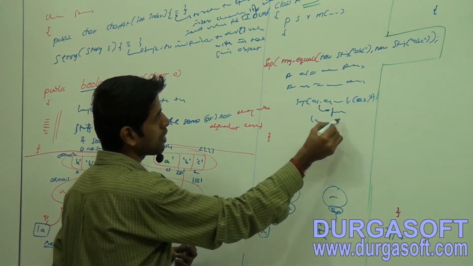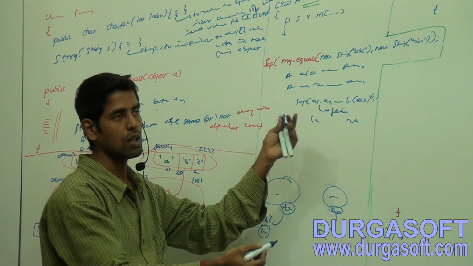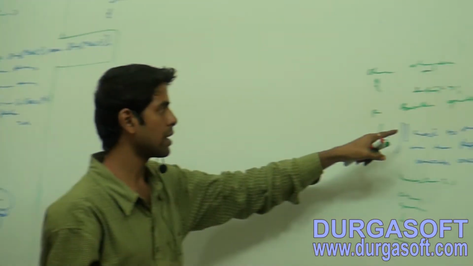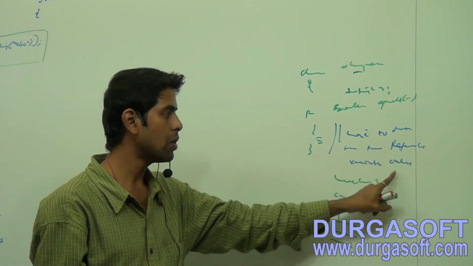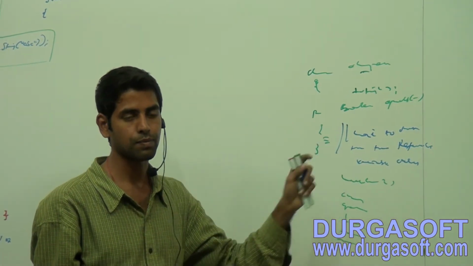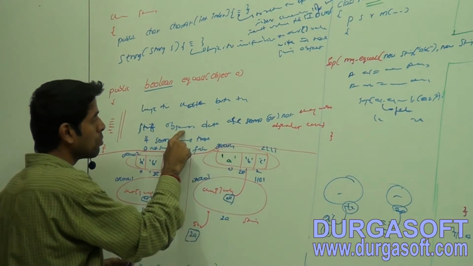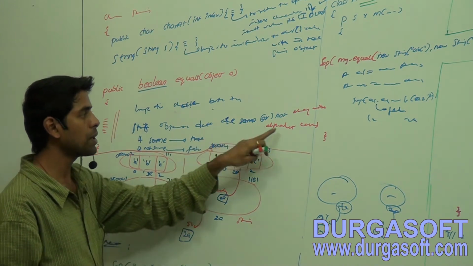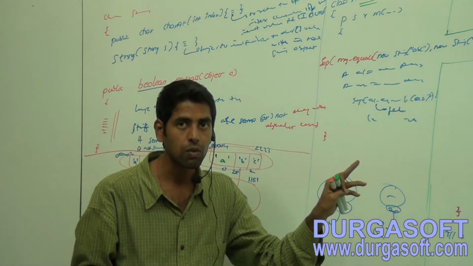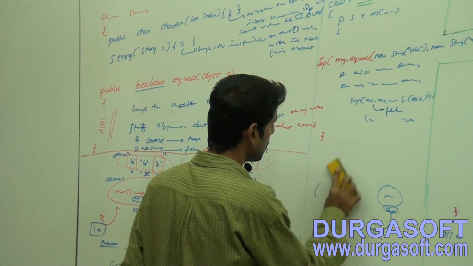Let it be 1a and 2a, so both are different, so it returns false. The object class equals method is executing, which is meant for reference variable value comparison, whereas in the string class it is meant for comparing the data of both string objects along with alphabet cases. Okay, now observe. I hope you understand this one.